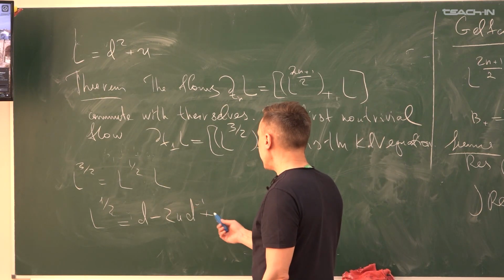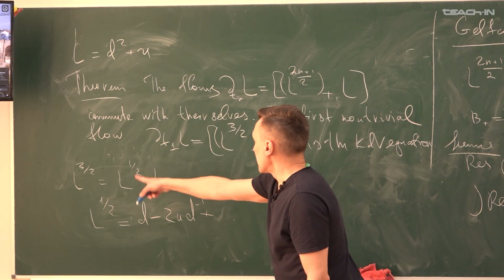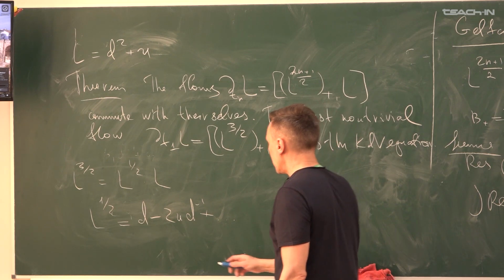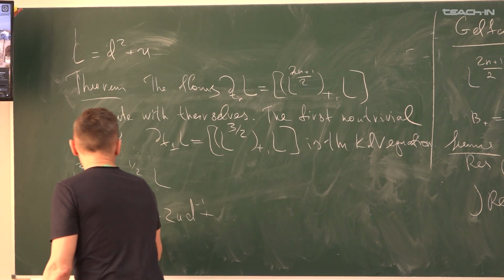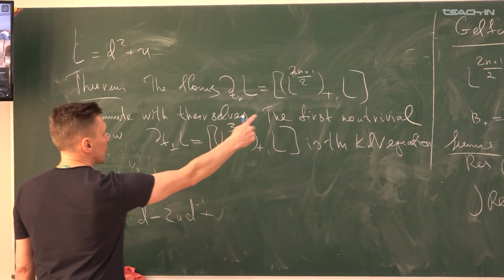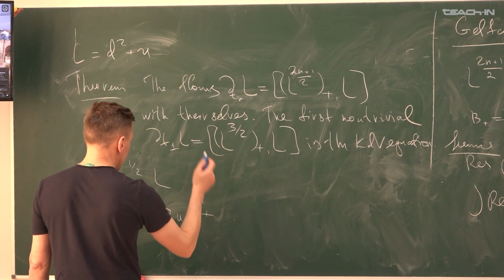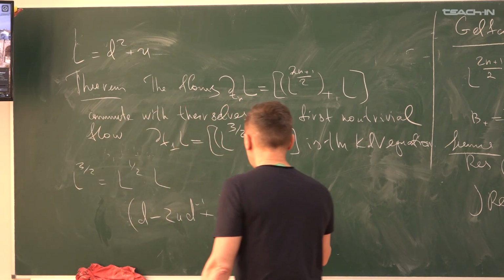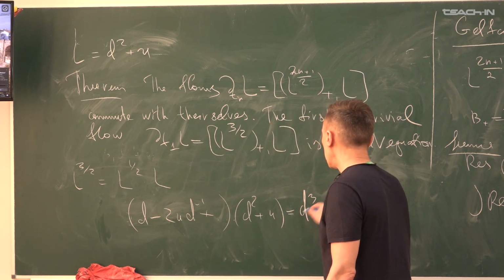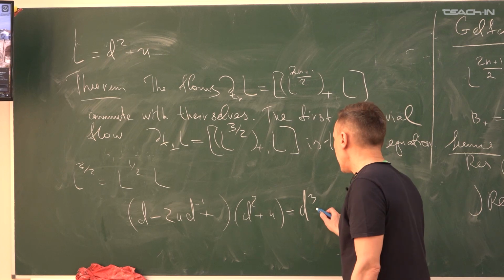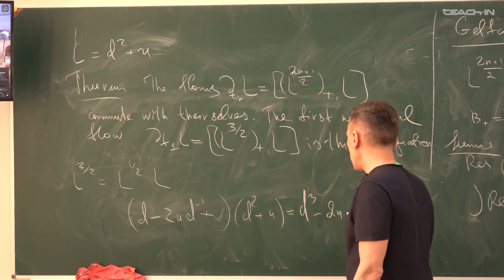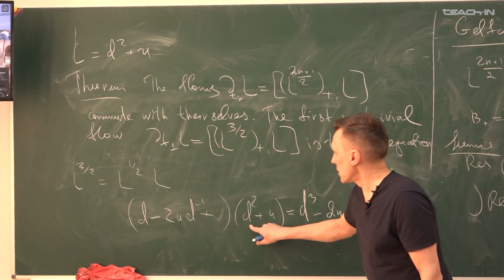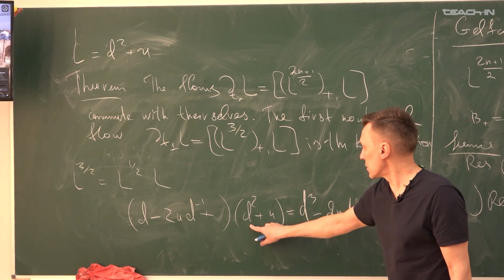So we have to multiply L^(1/2) by L, and then take the positive, non-negative part. We multiply this by d squared plus u, and this is d^3 minus 2u d^1. This with this, okay.